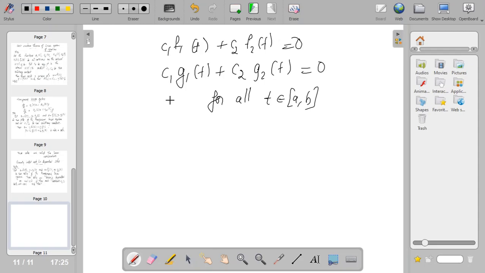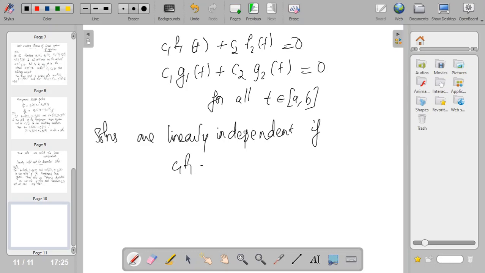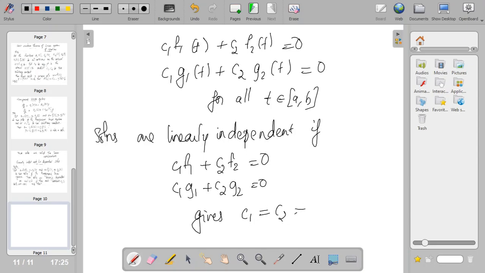Now if both c1 and c2 must be equal to 0, then the solutions are said to be linearly independent. That is, the solutions are linearly independent if c1 f1 plus c2 f2 equal to 0 and c1 g1 plus c2 g2 equal to 0 gives c1 equal to c2 equal to 0 for all t belonging to the closed interval a b.